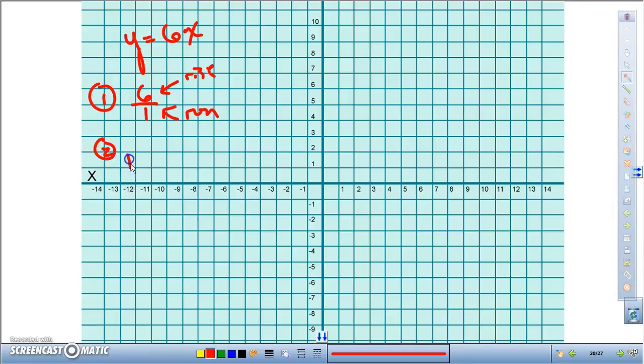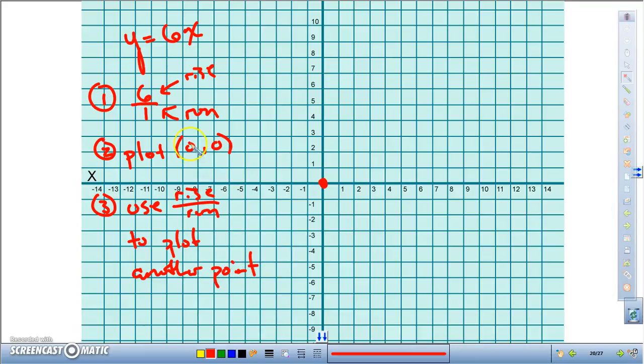Second thing I want to do is to plot the origin, because all direct variations pass through the origin. And then the third thing that I want to do is to use my rise over run to plot another point.